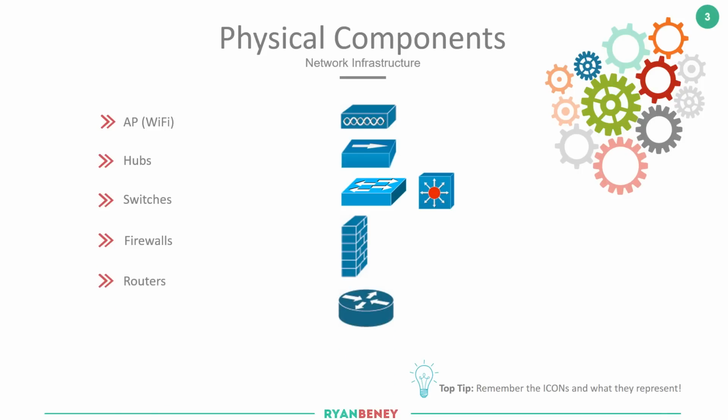Now when we think about the physical component of the network infrastructure, there's actually two subcategories within these. APs, hubs and switches are considered access, and the firewalls and routers are considered network infrastructure.